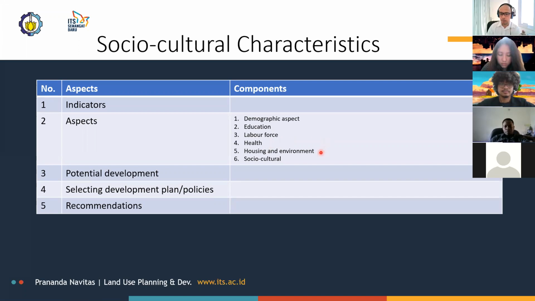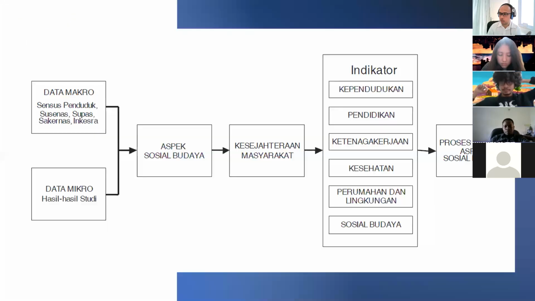What about its housing conditions and the general housing and settlement environment, and other social cultural aspects, and whether these aspects then can lead to a potential for development, and then we select the development plans and policies that apply to the area to finally generate a recommendation.